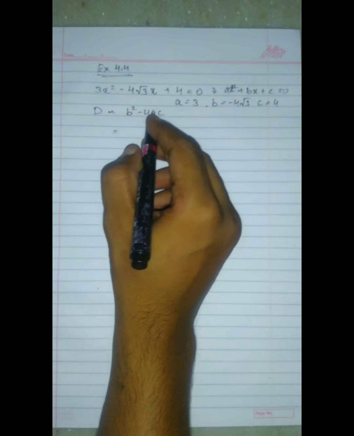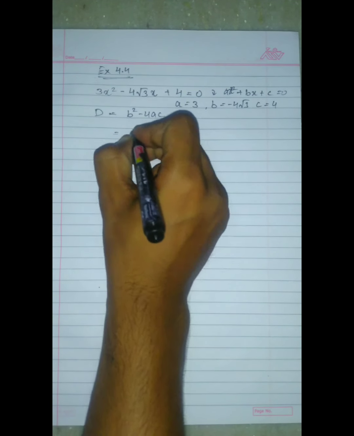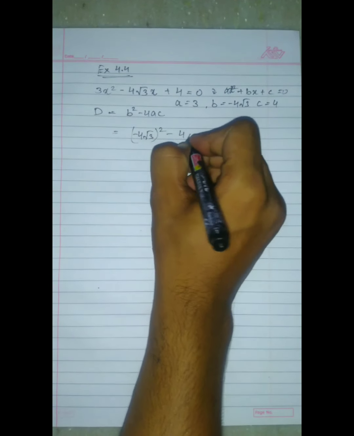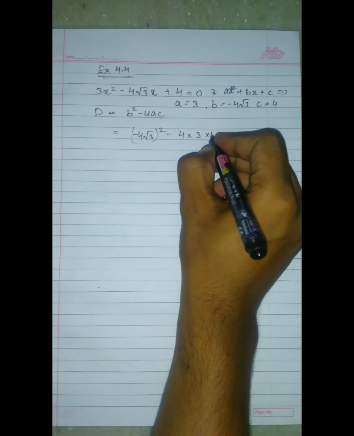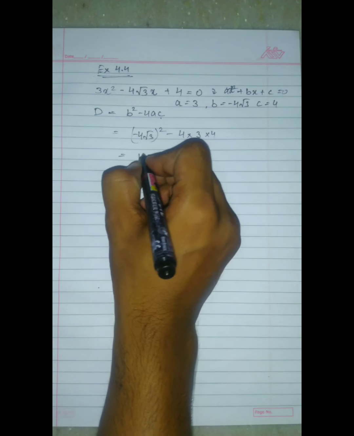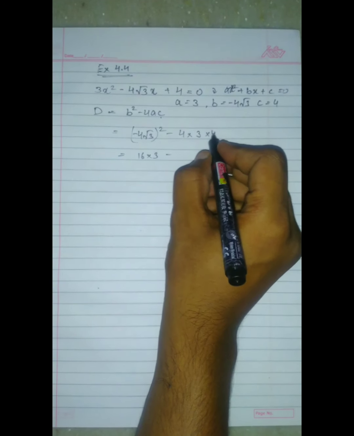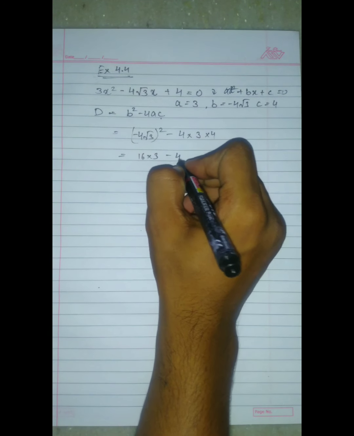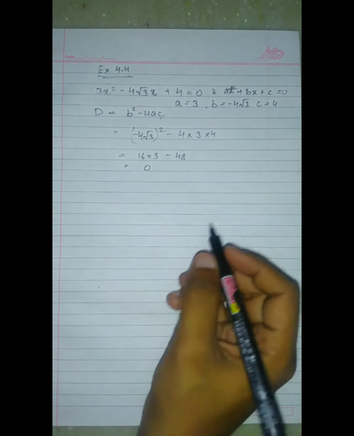Therefore b square, minus 4 under root 3 whole square, minus 4 into 3 into 4. 4 square is 16, under root square is 3, 16 times 3 is 48, minus 48 will be 0.